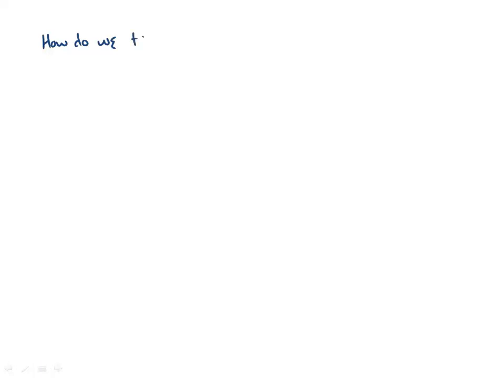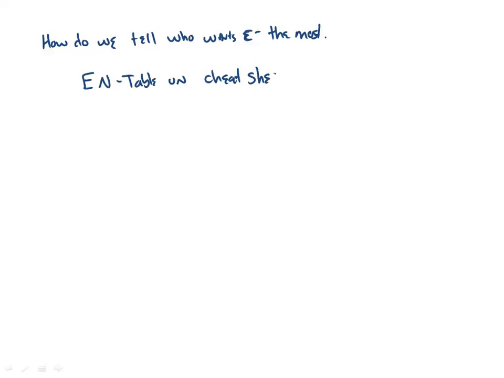So how do we tell who wants electrons the most? Well, that's that electronegativity table on your cheat sheet. I'm pretty sure that it's still there, right? If you take a look at it, you'll notice that, for instance, fluorine has an electronegativity of 4.0.